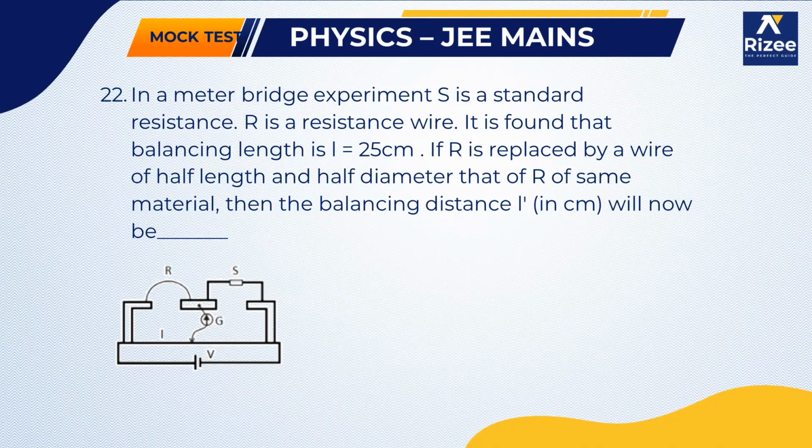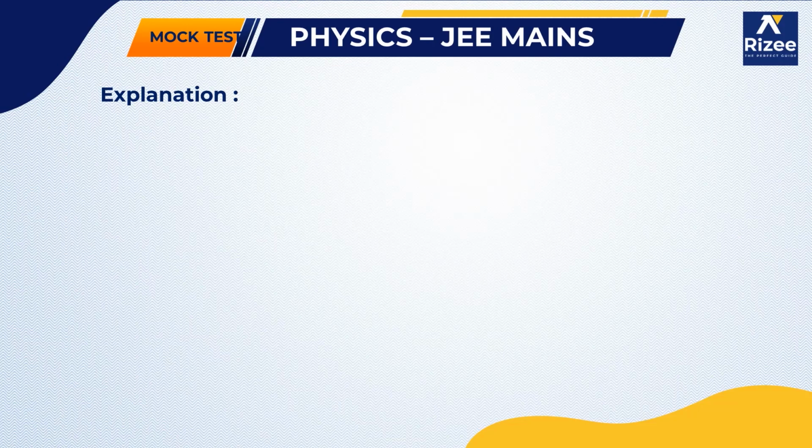So he is replacing R with half the length and half the diameter. According to the meter bridge relationship, R by S is equal to L1 by 100 minus L1. From this we can determine the value of R.